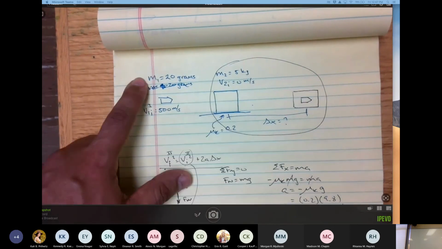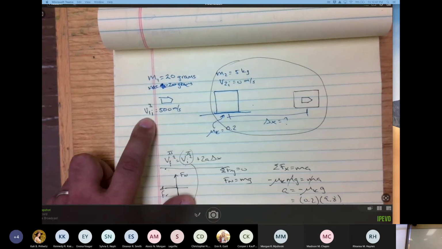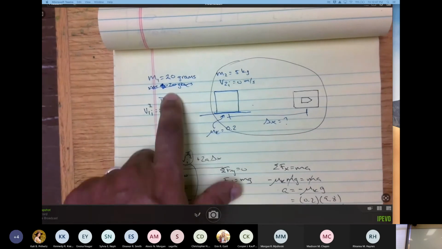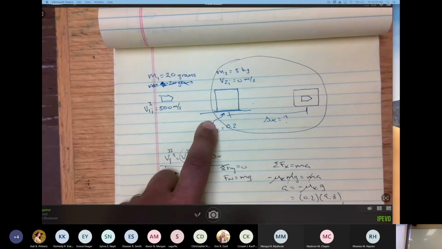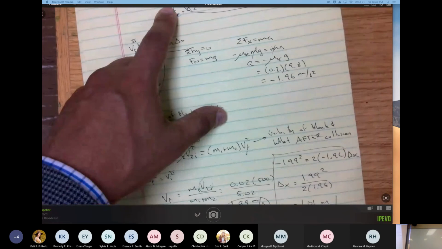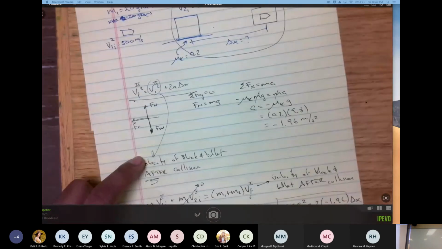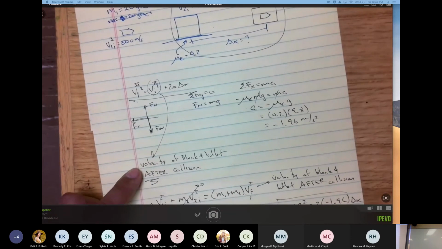You can calculate the conservation of momentum. You can do this section first, get this final velocity of 2 meters per second, and do the second part. Yeah, that's the most direct way to do it. Okay, does that make sense?